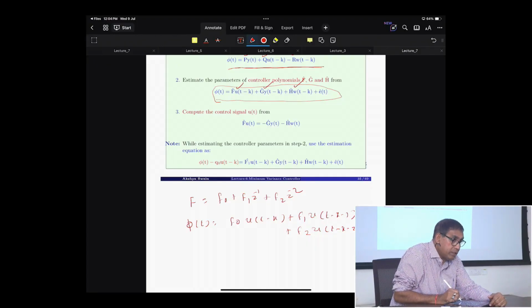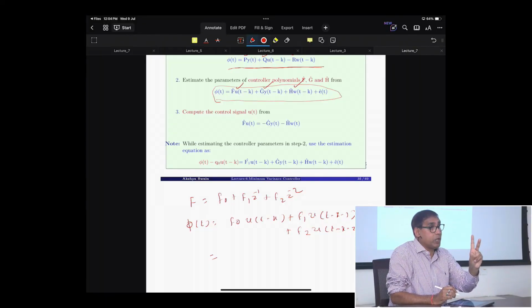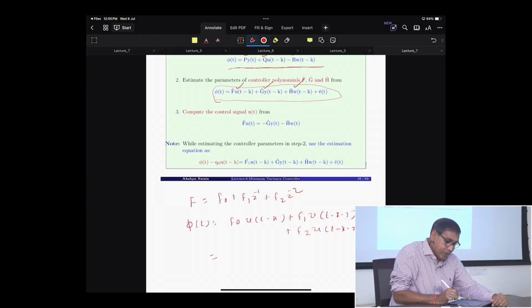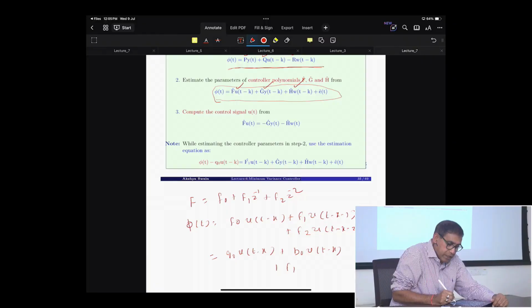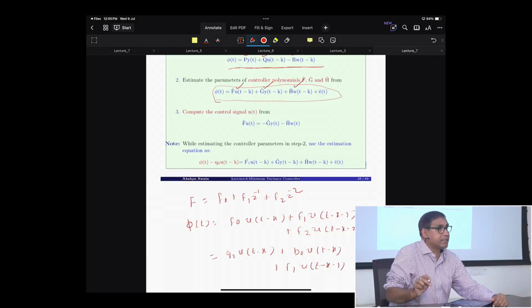Here you see, what is F0? The F0 component has two components, B0 plus Q0, right? So you write down Q0 u t minus k plus B0 u t minus k plus F1 u t minus k minus 1, like this.